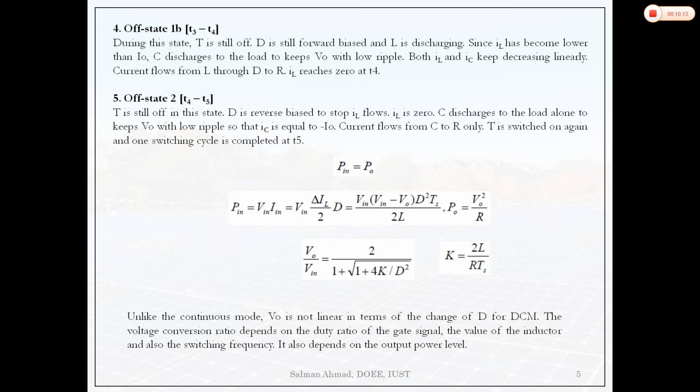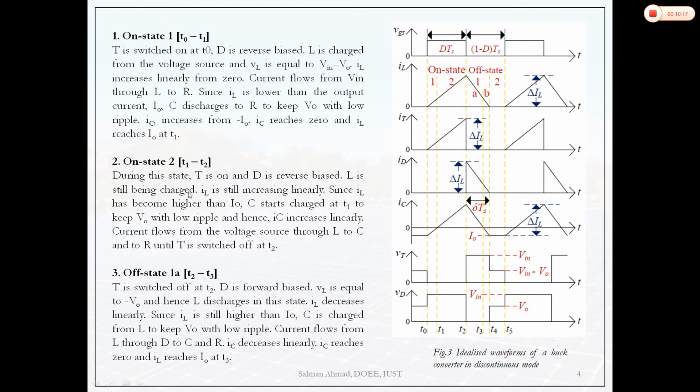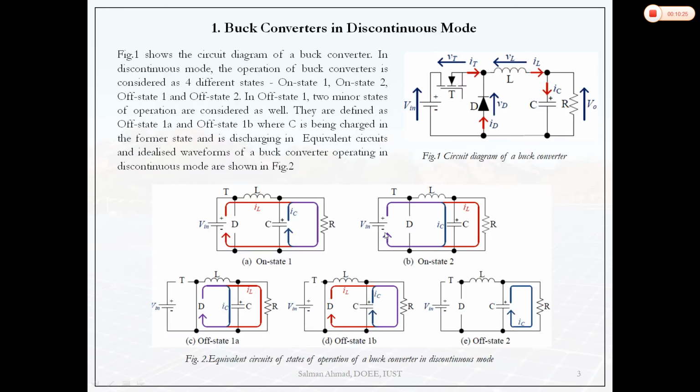So I in is nothing but IT average, because input and the transistor are in series. So whatever IT average is, that will give the average input current.